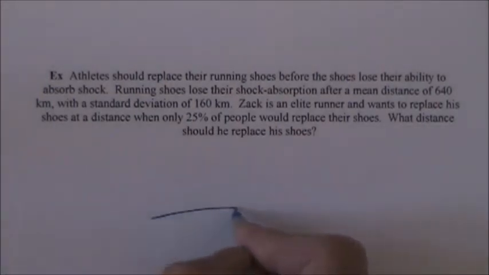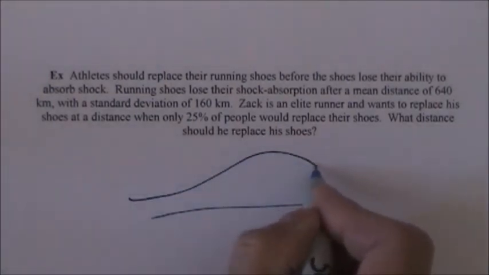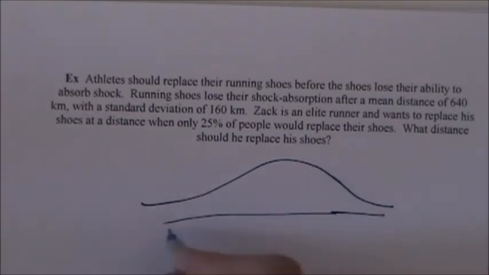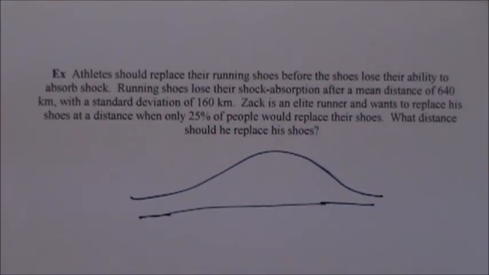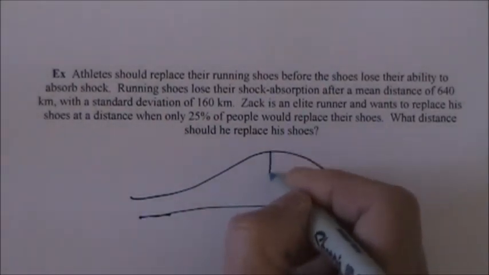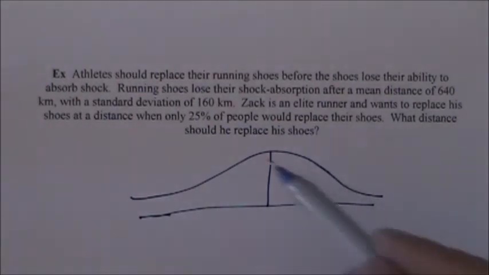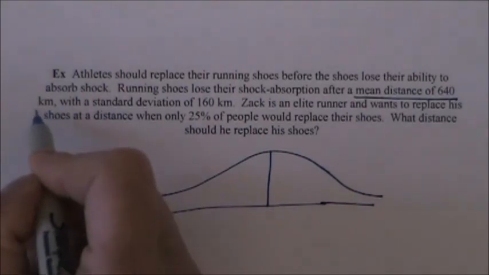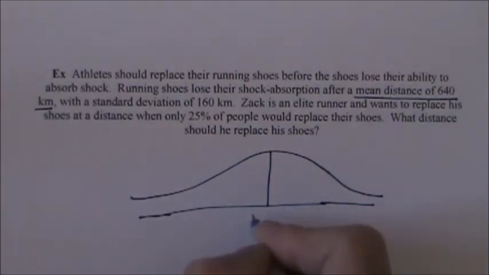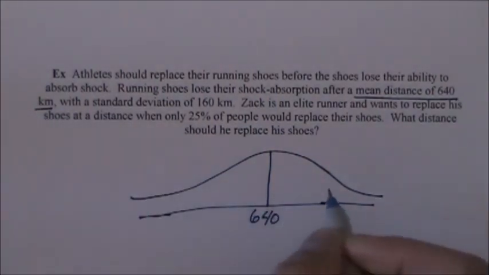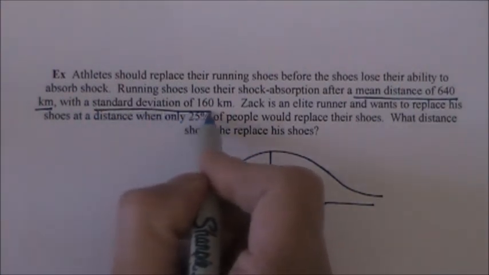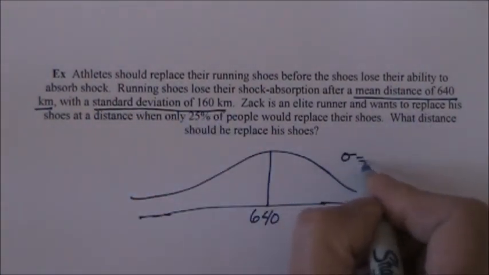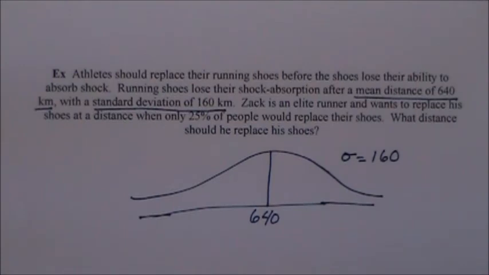So let's start off with our bell curve. And we know the mean goes in the middle. So let's see if we can find our mean. We have a mean distance of 640 kilometers. We know this is 640. We have a standard deviation of 160.